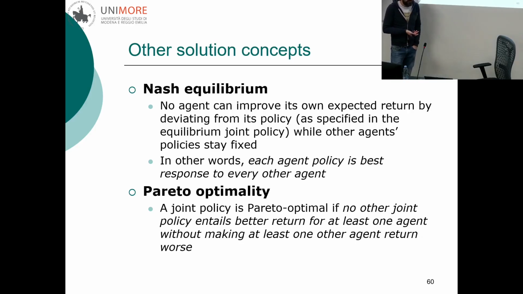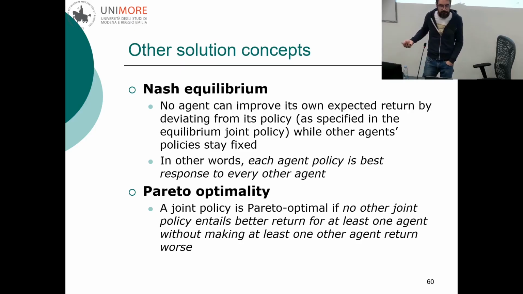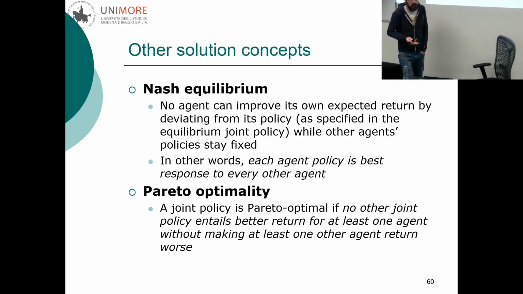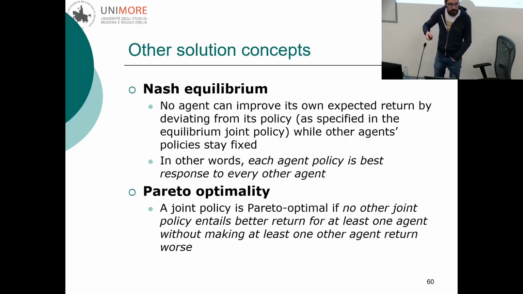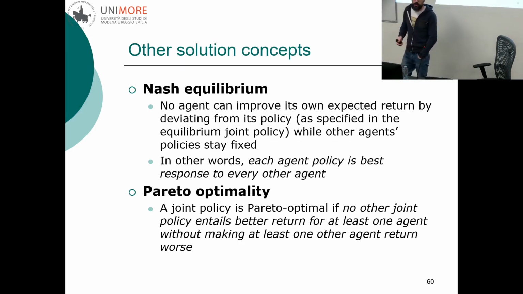I want to train my agents to be robust to good opponents. I want to teach my agents to play against the best possible players. So I may want a Nash equilibrium. I want to guarantee that the other agents that are opposing me cannot do any better without making me change my points.